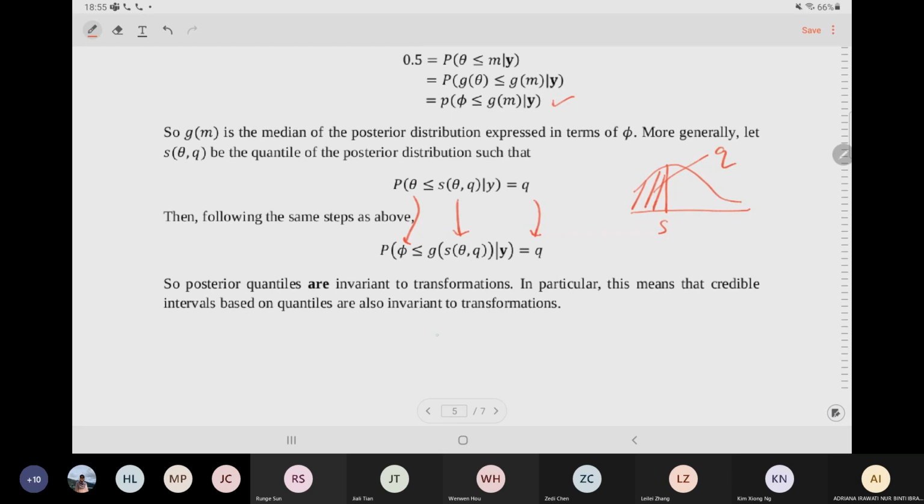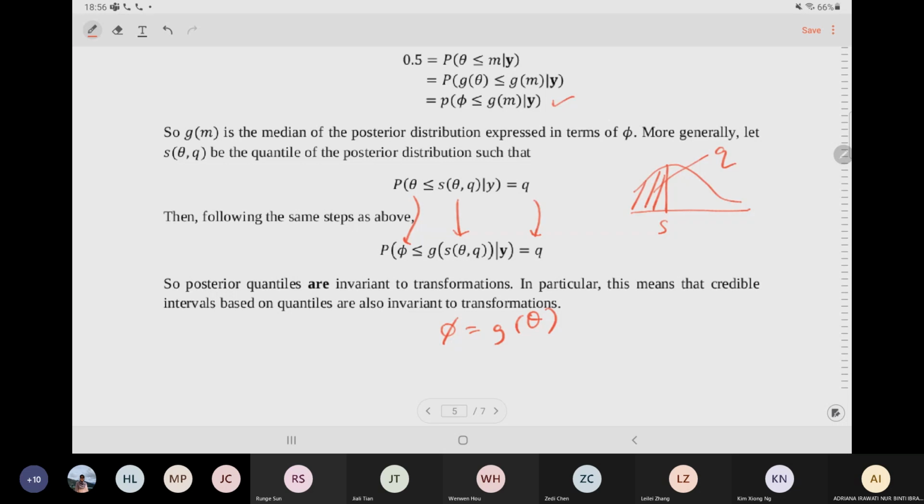For example, if phi is g(theta), then I find some quantile, and I just apply this function g to the quantile, and then I get a quantile for phi. That means it's invariant, meaning that you don't have to find the Jacobian or whatever. You can just apply the function g, and you get your value of phi for the quantile.